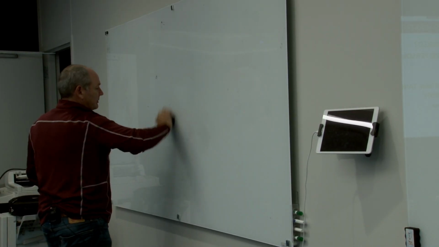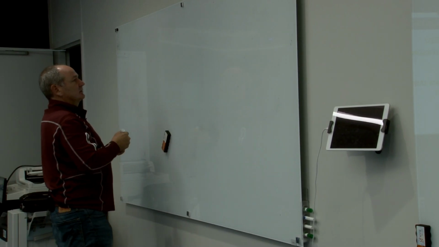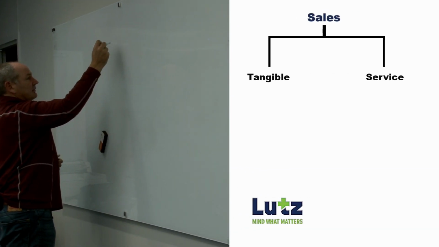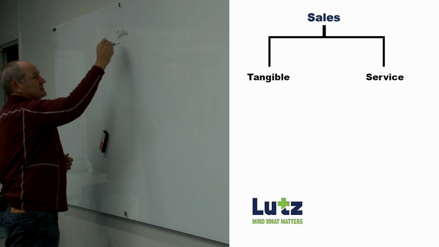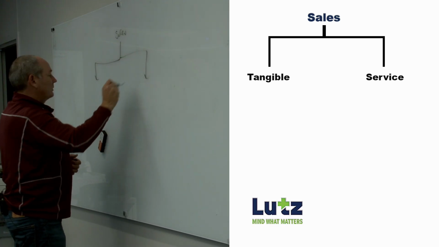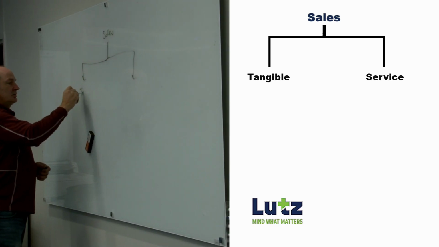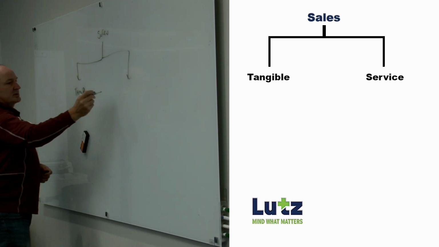I mean, from the standpoint, I think what you said, Kaylee, is that in determining where your sales factor is, you have to first take your sales and determine whether it is tangible or service, correct?